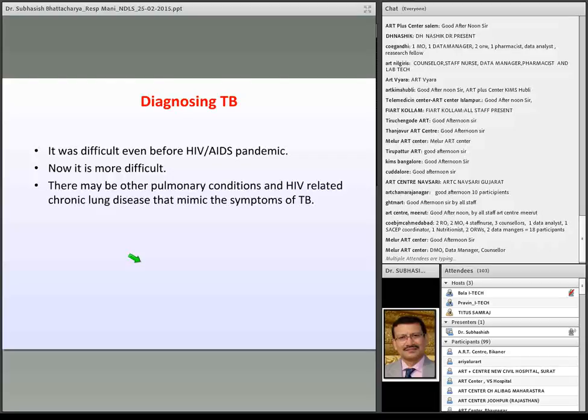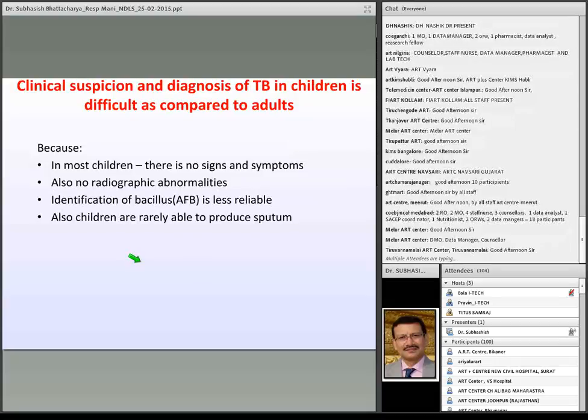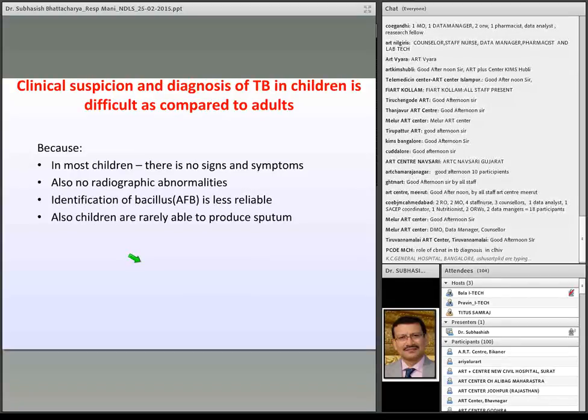Clinical suspicion and diagnosis of TB in children is difficult as compared to adults, because in most children there are no signs and symptoms. There may not be initially any radiological abnormality. Identification of bacillus is less reliable and very difficult in tuberculosis with HIV.